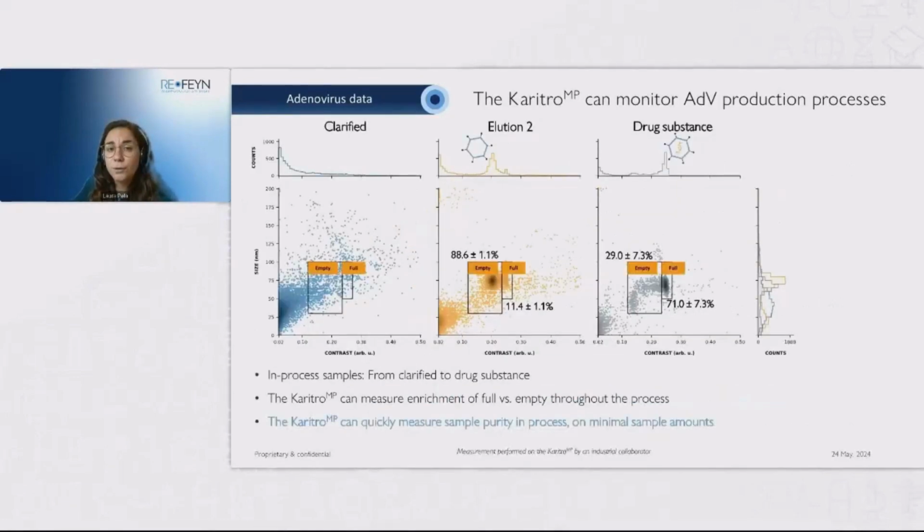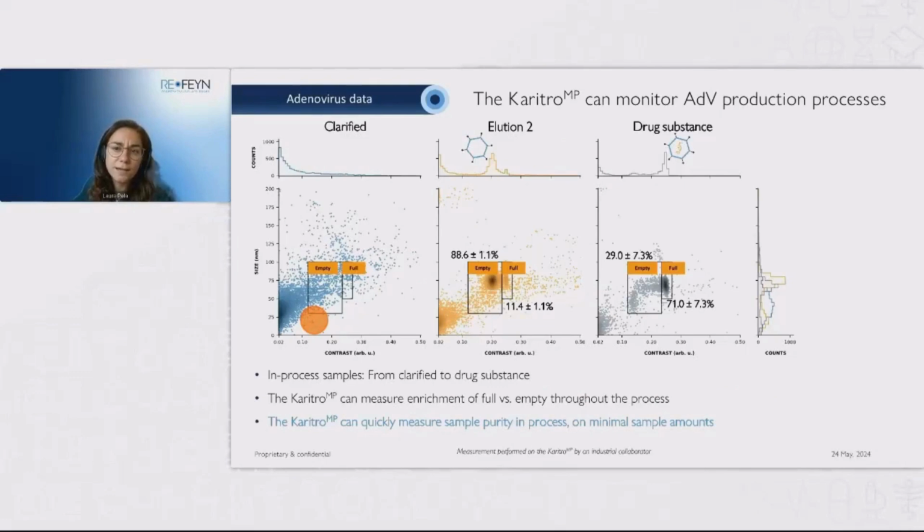Now, I would like to show you how the KaritroMP can monitor adenovirus production processes. Here we have three fractions from a production process: the clarified, one of the elutions from chromatography, and the purified drug substance. In the clarified sample, you can see that this is quite heterogeneous.